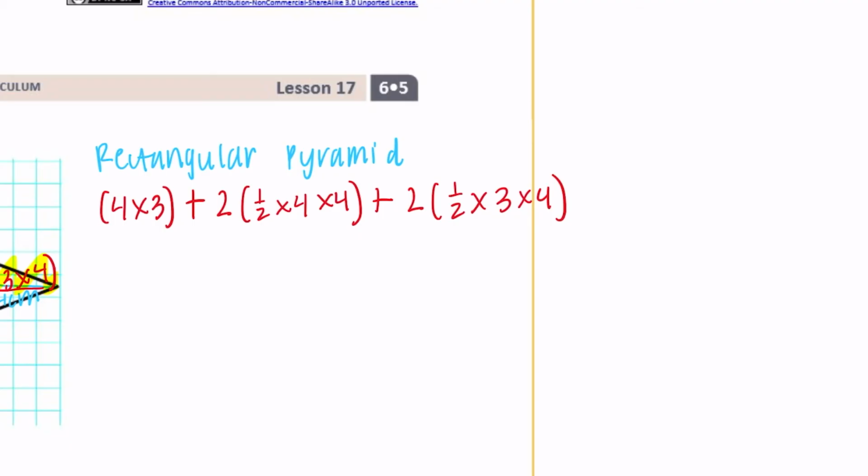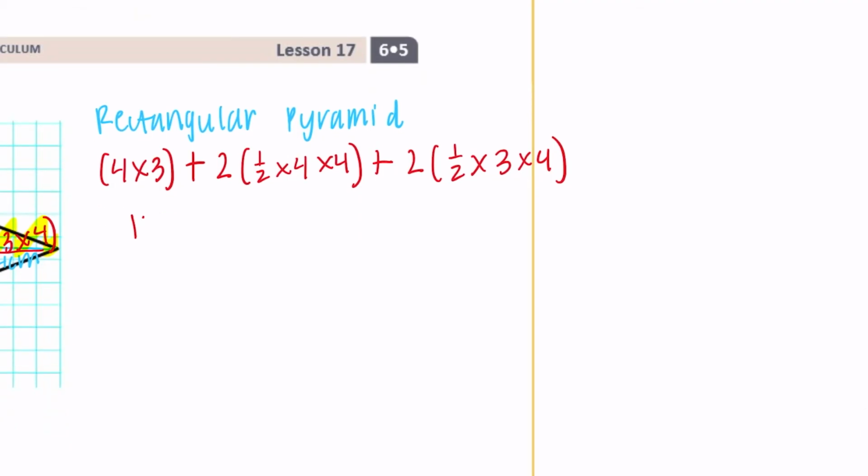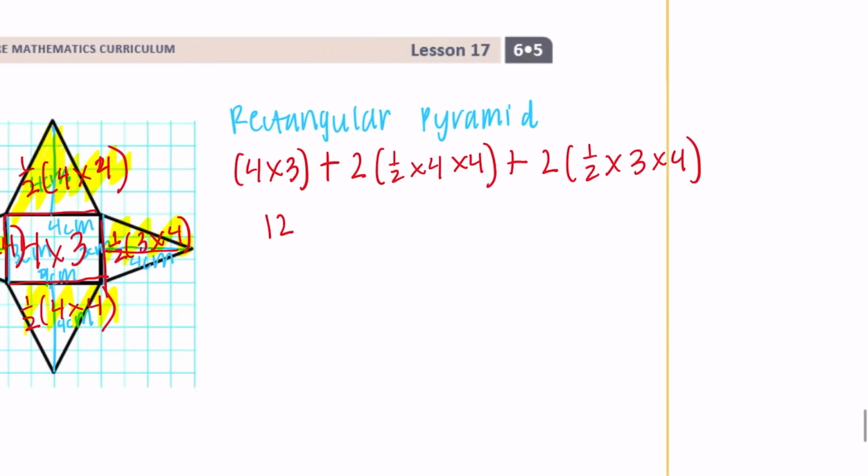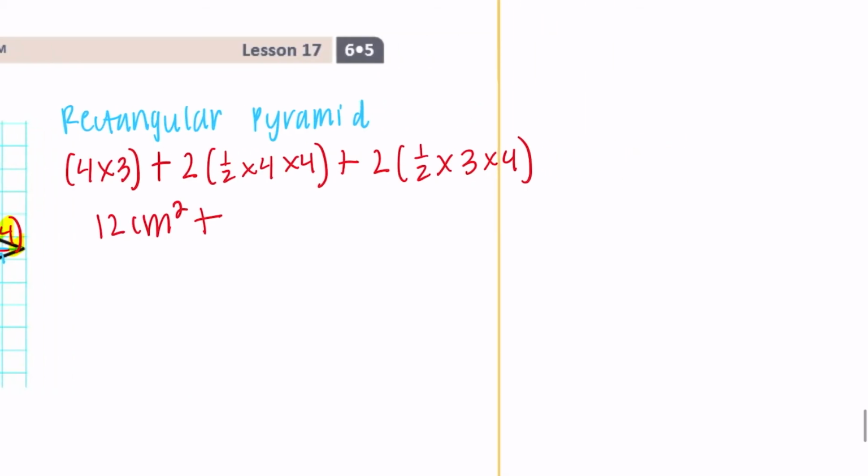So now we can solve. So 4 times 3 is 12. I should have written the centimeters on there, but I'm going to write centimeters squared plus 4 times 4 is 16. Let's do 2 times 16, and half of 16 times 8 centimeters squared plus 2 times 3 times 4 is 12. Half of that is 6.